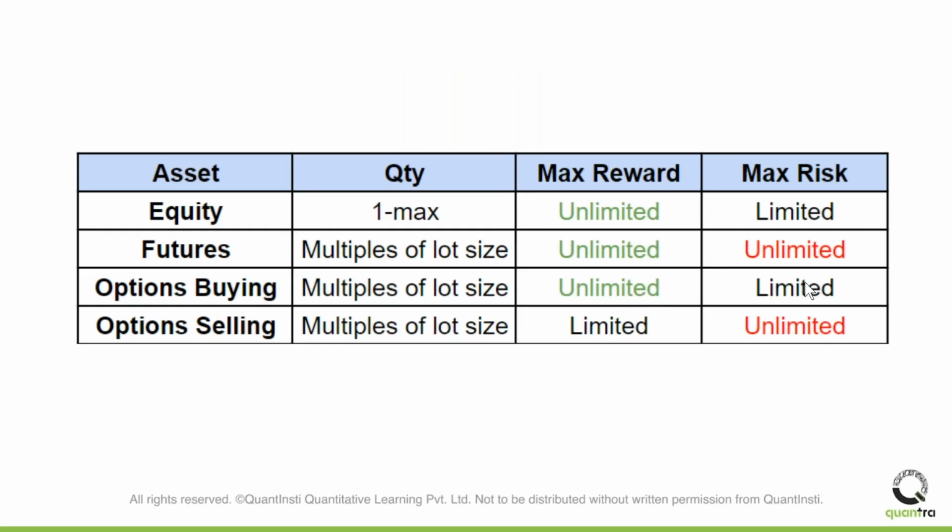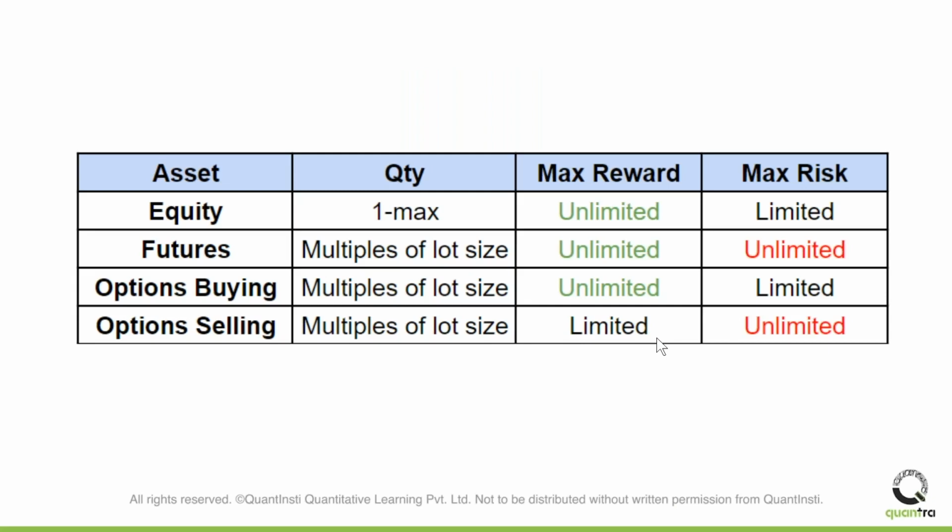If the stock goes below 100, your option becomes worthless. It doesn't matter if it goes to 90 or 80 or 70, as long as it is below 100, your risk is limited to the premium you pay. Now when it comes to selling options, the situation is reversed. When you sell an option, your reward is limited.